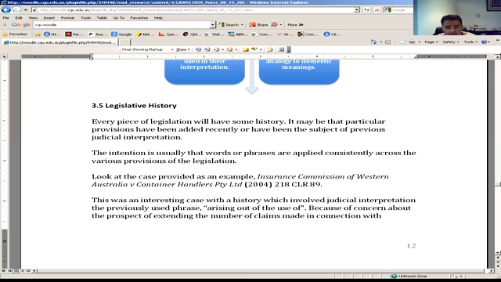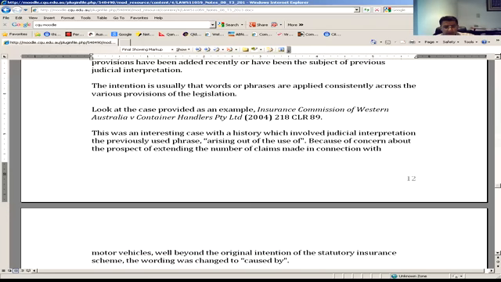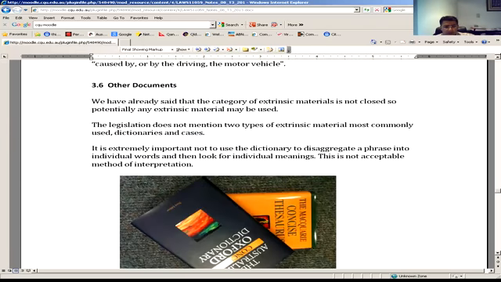And so sometimes tracking back in that historical context can provide some assistance in interpreting what the current words were intended to mean. Sometimes words, of course, have been taken across through various acts over time, and sometimes by looking at the earlier acts, working out where that section has come from, it can assist you in interpreting what it means.